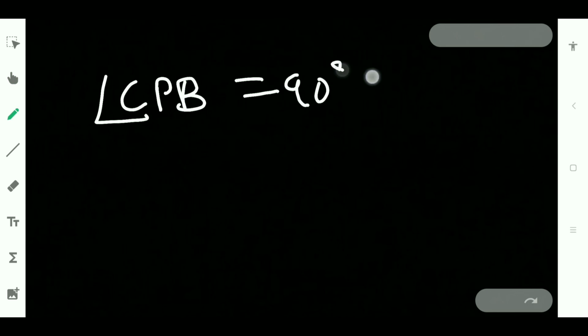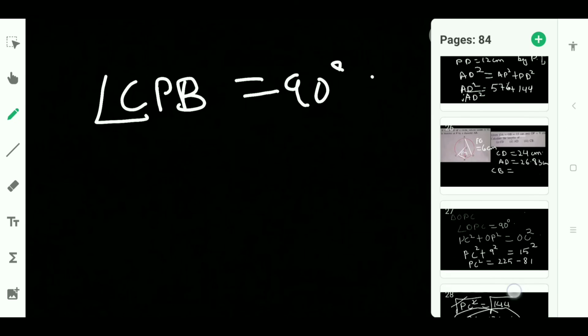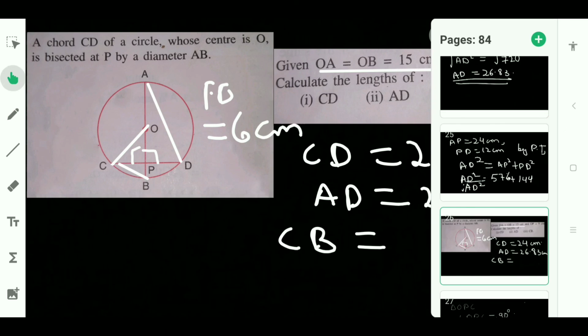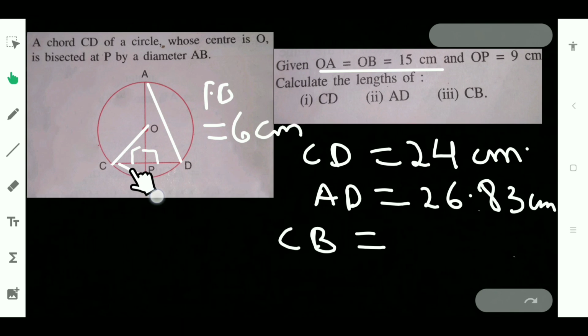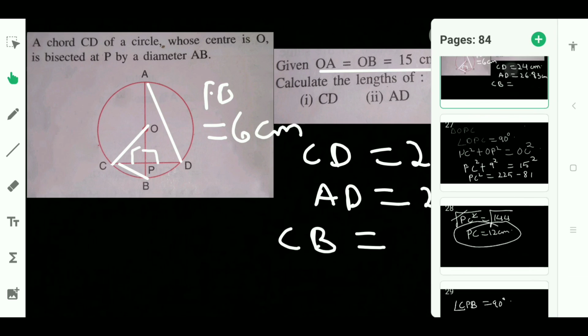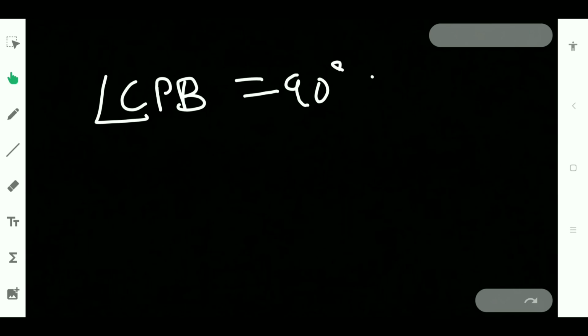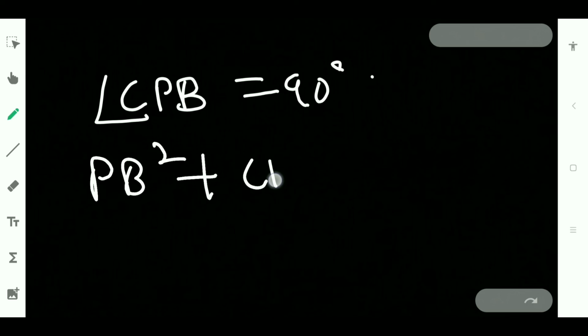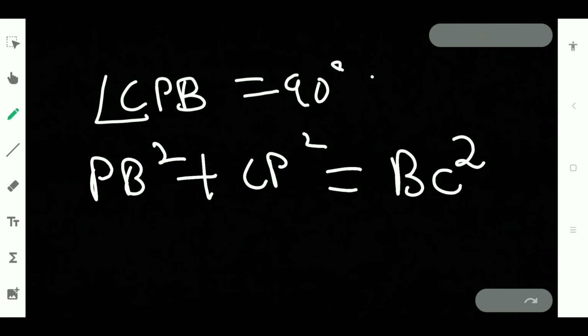Okay, now PB square plus CP square is equal to BC square.